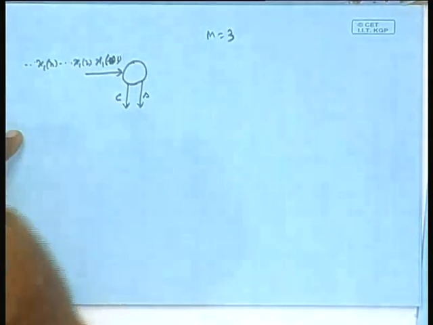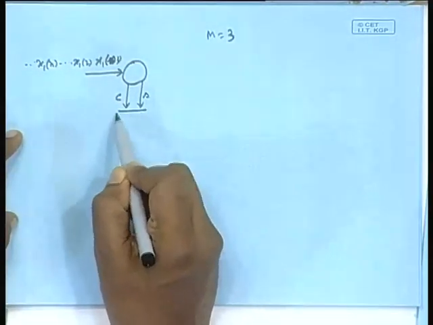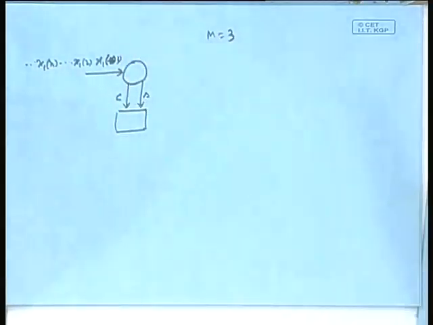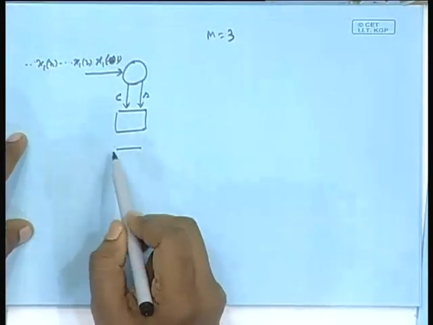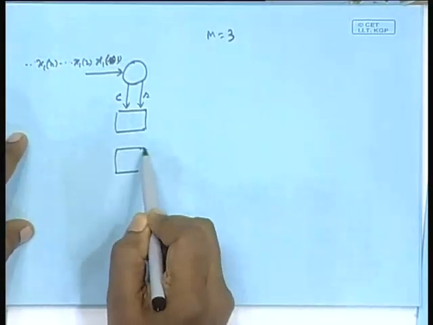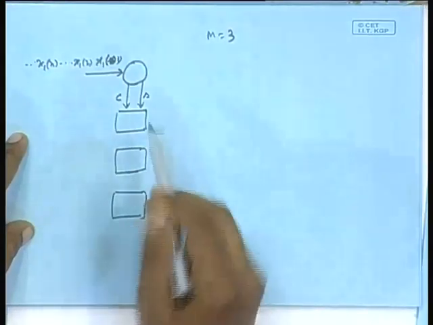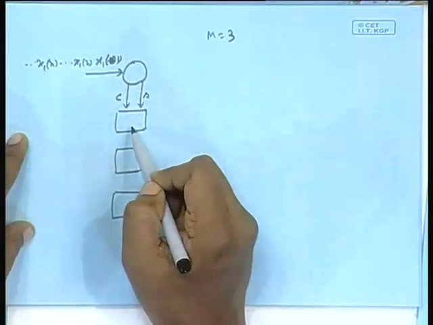Suppose it is so, it will always be CS things. I will consider m equal to 3 only, because otherwise I cannot draw an infinite array. What happens: this circle is one kind of processor, this is another kind of processor.